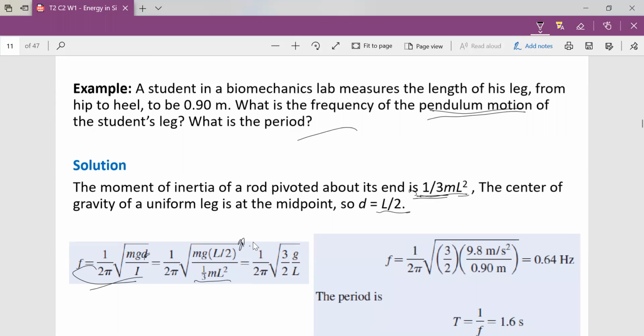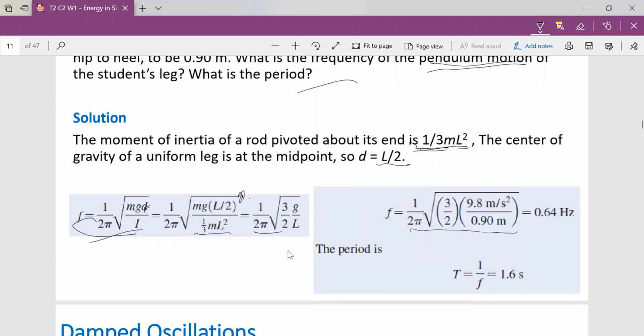So substituting this and solving it out, we'll have 1/2π times the square root of 3g over 2L. So we have all our parameters given. We are looking for frequency.